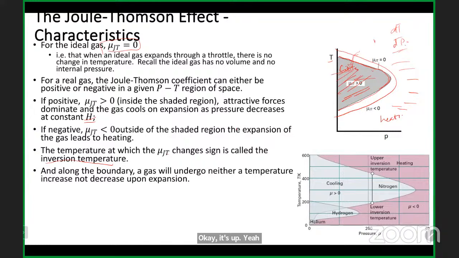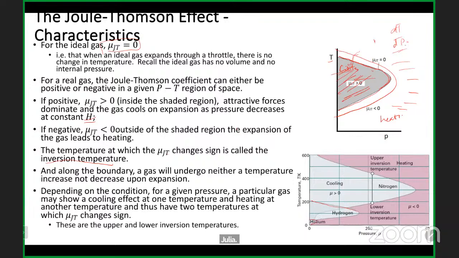So these are examples. This is the mu JT curve for nitrogen. This is mu JT for hydrogen. This one is for helium. So depending on the condition, for a given temperature, a particular gas may show a cooling effect at one temperature and a heating effect at another temperature.